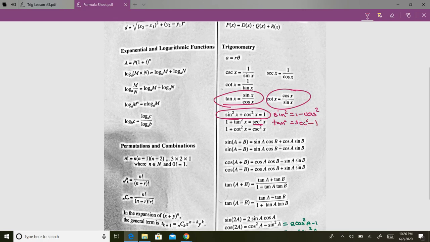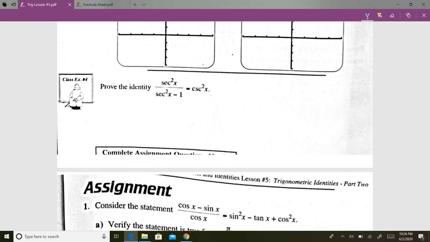Secant squared minus 1 is equal to tan squared. So I can rewrite this as secant squared of x over tan squared of x.